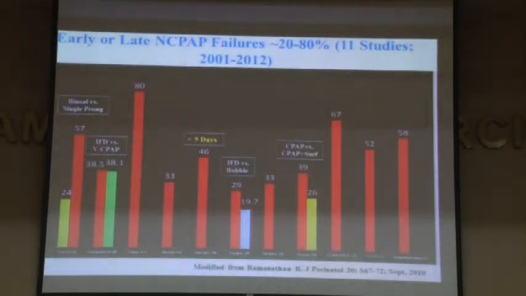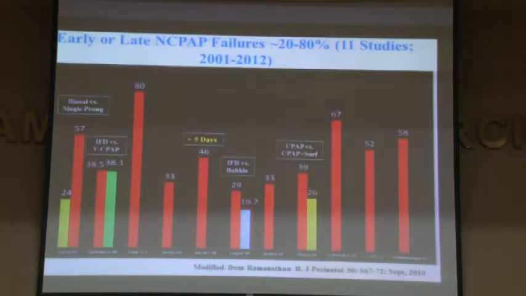So what happens if you start early CPAP in the delivery room or late CPAP? These are data from 11 studies in the last 12 years or so, from 2001 to 2012. This is data from Australia. He compared binasal prongs versus uninasal prong. He showed that if you are going to deliver CPAP, use binasal prongs.